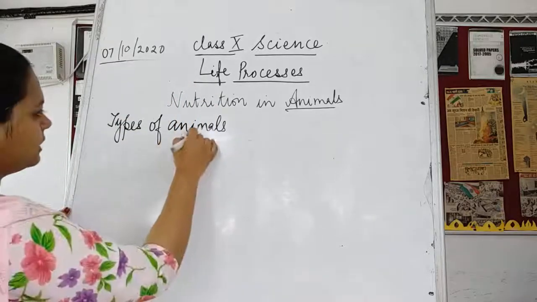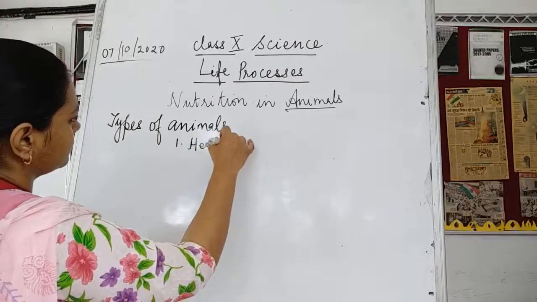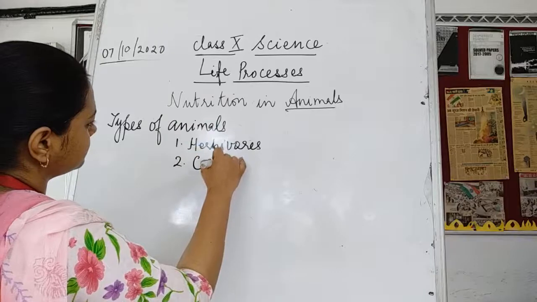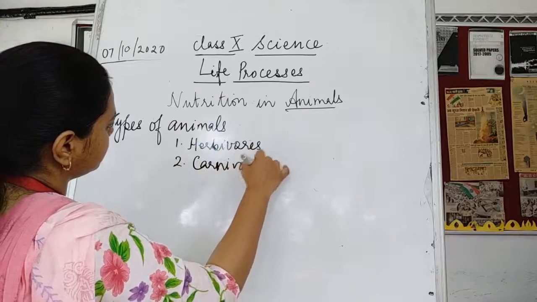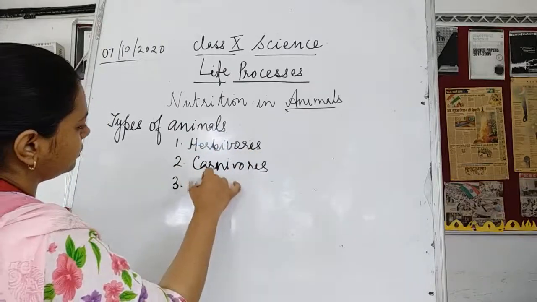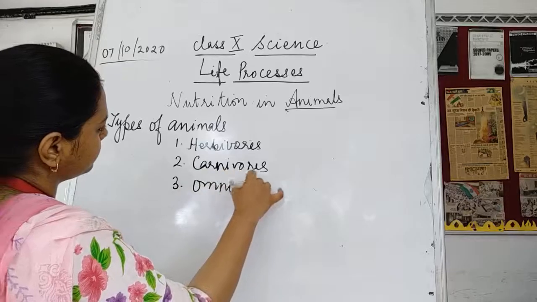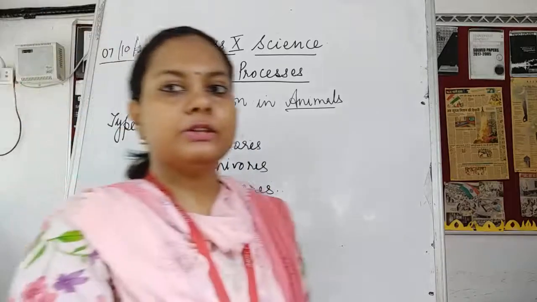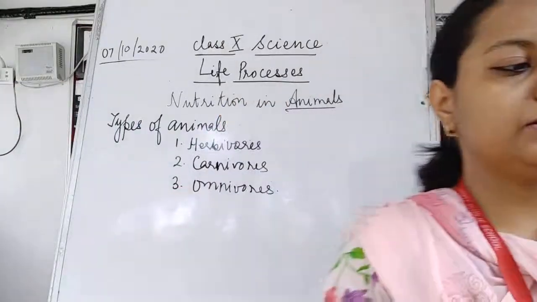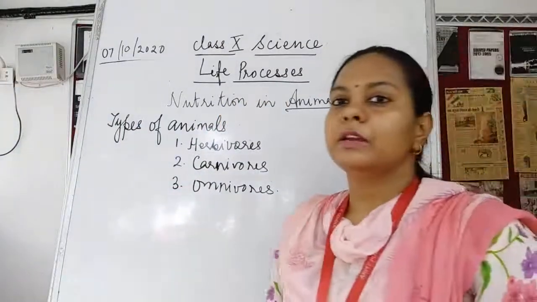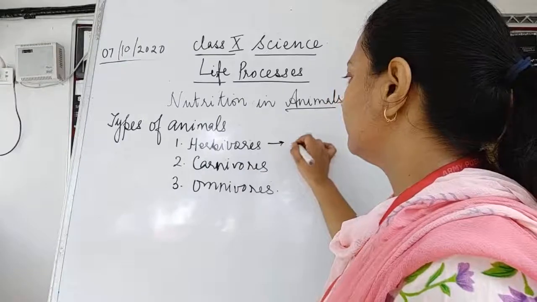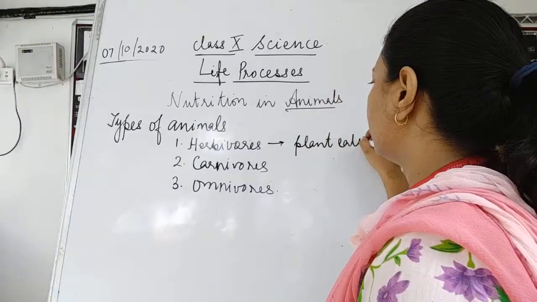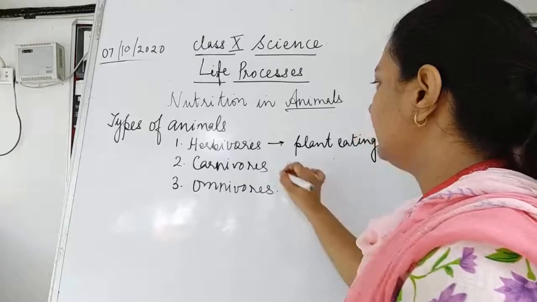First one is the herbivores. Then second is carnivores. Then third is the omnivores. Okay, so herbivores, carnivores, and omnivores, these are the three categories of the animals, where the herbivores are the plant eating animals.